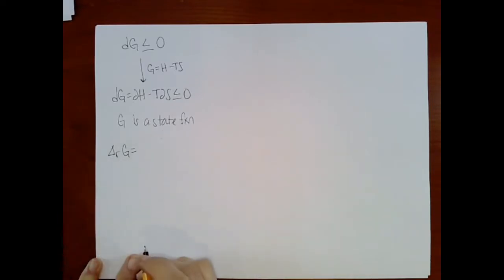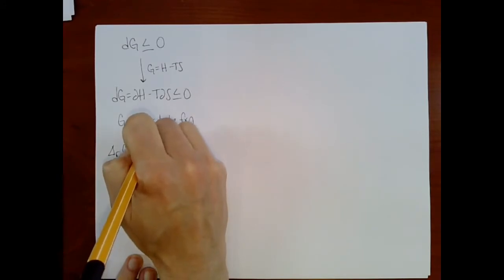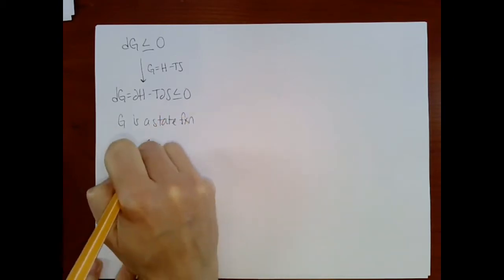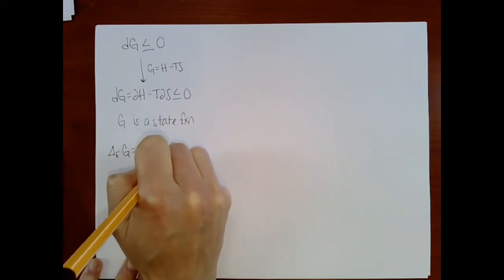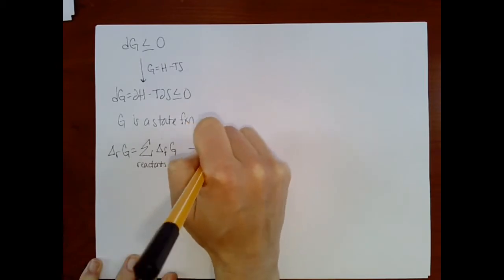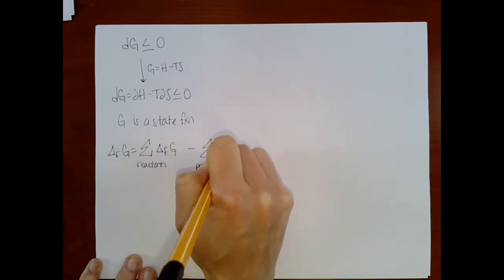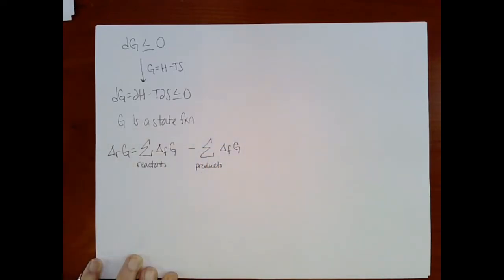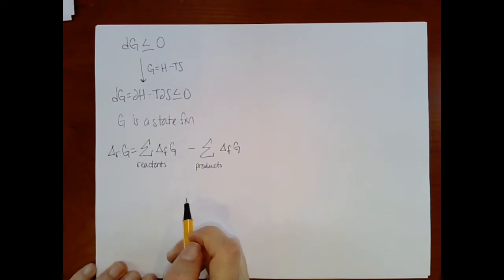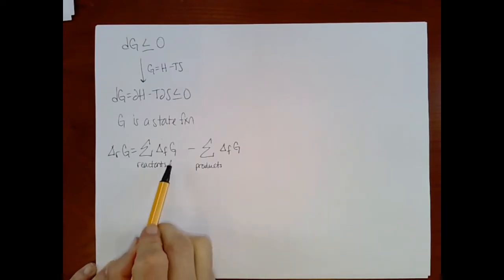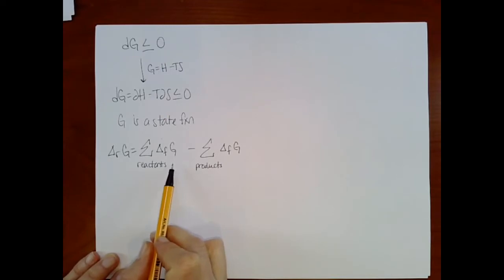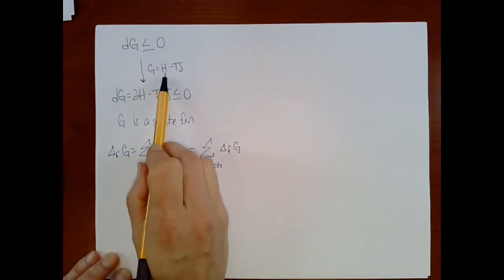So the reaction Gibbs energy, just like enthalpy, entropy, and internal energy, is going to be equal to the sum of the Gibbs energy of formation of the products minus the reactants. And just like our other state functions like enthalpy and entropy, we can go look up values for this Gibbs energy of formation in the table somewhere. Thank you, NIST. And notice that if you can't find Gibbs energy of formation values, then we could assemble them from enthalpy and entropy values.